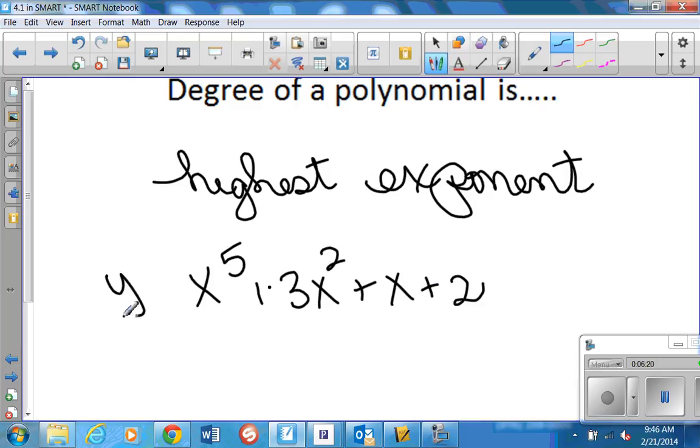And I'll ask you, what is the degree? And some of you will try to solve it. You'll stick it in your calculator, you'll try to find zeros. And all you have to do is go 5. So very simple, but remember, simple is okay. Be simple.